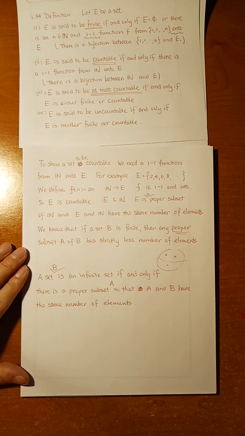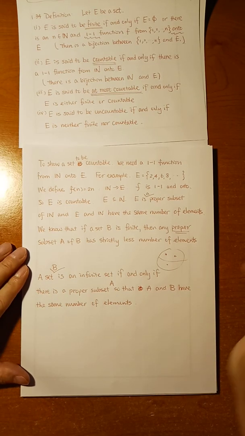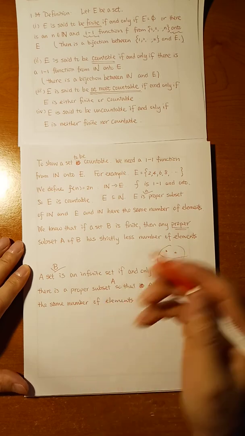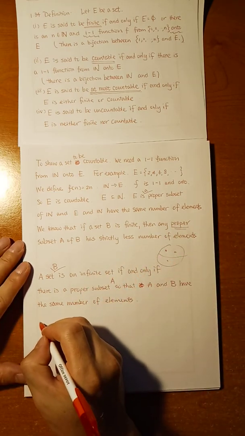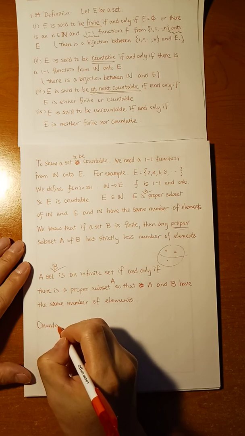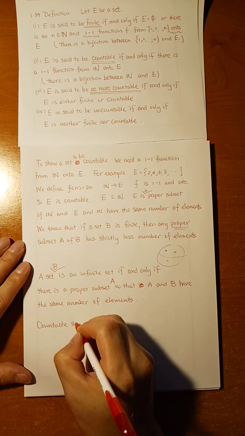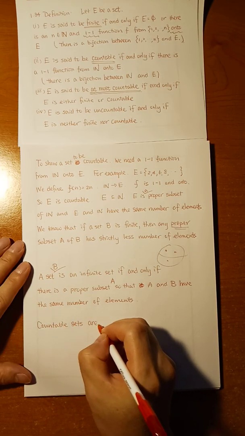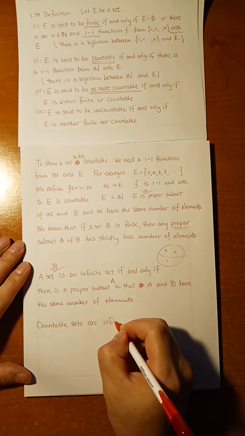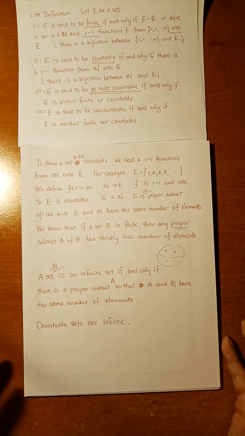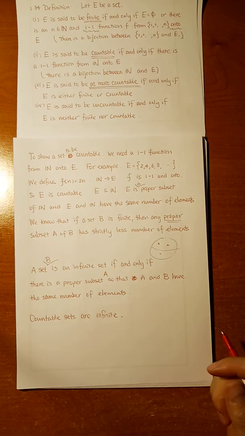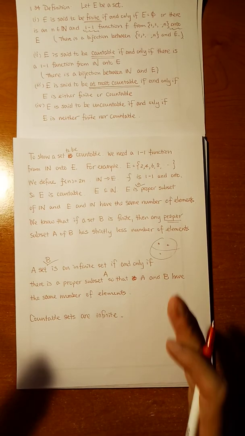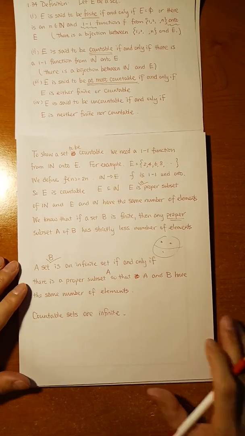And from this definition, we know that countable sets are infinite. Countable sets are always infinite because they have a one-to-one correspondence with the natural numbers, so they are not finite.